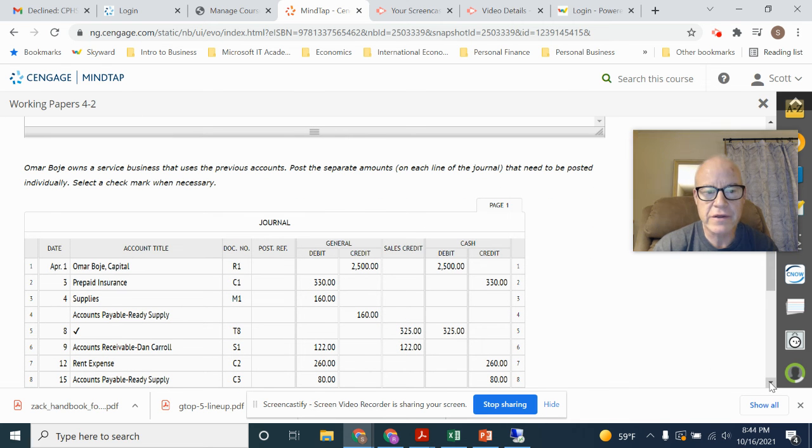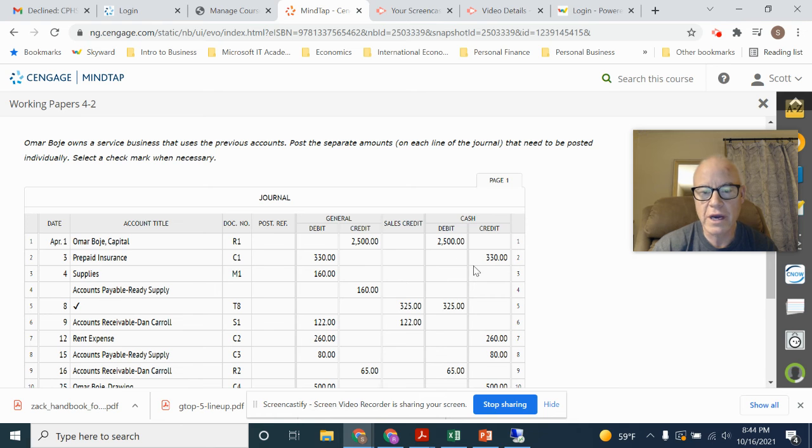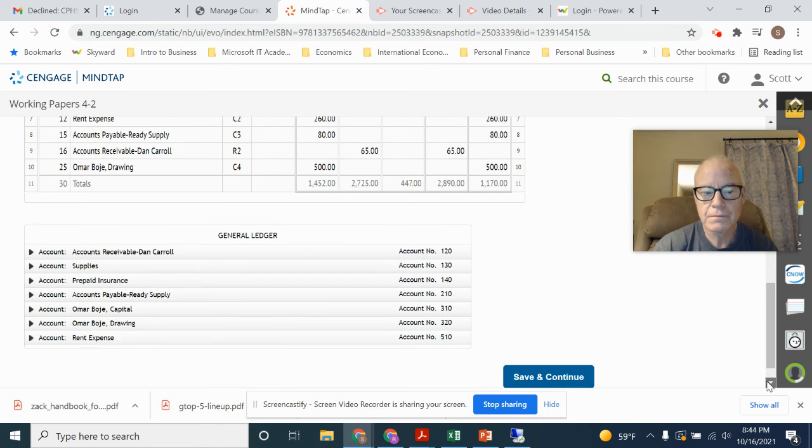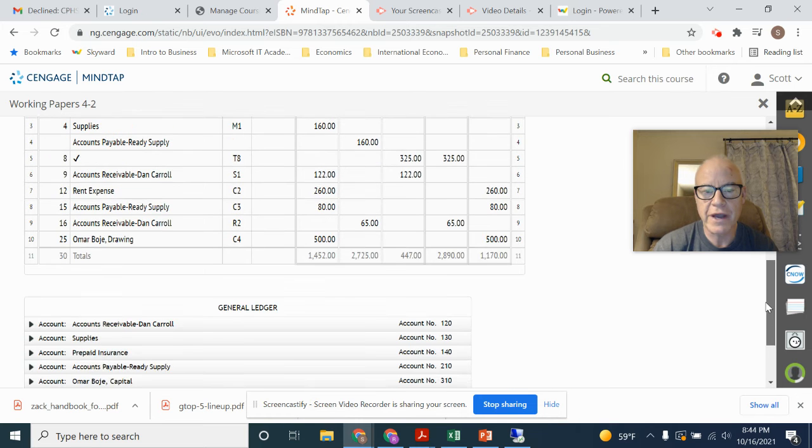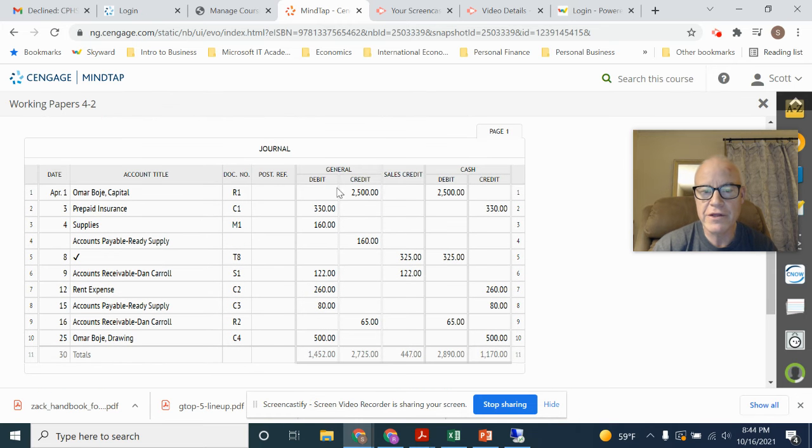And down here it says, when a service business uses the previous accounts, post separate amounts on each line of the journal that need to be posted individually. In other words, we can skip cash and sales credit because they're already going to be shown there. We're going to post everything else. Everything that is in the general debit or general credit, we're going to post.